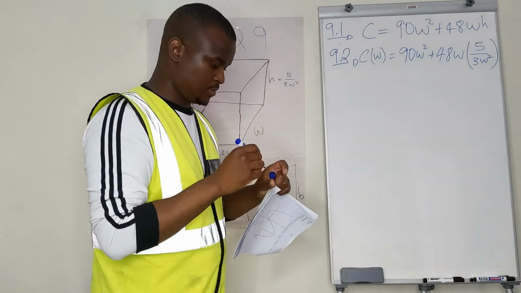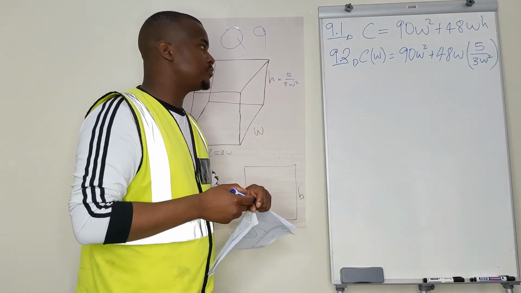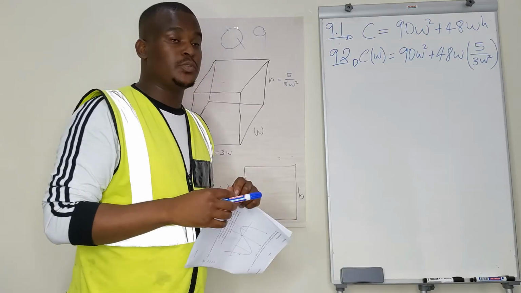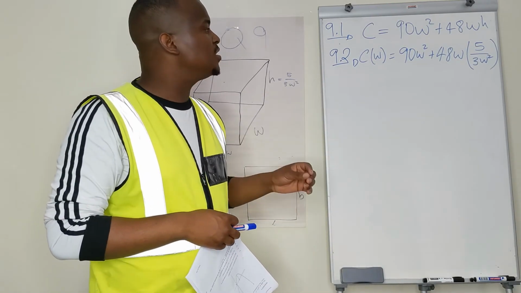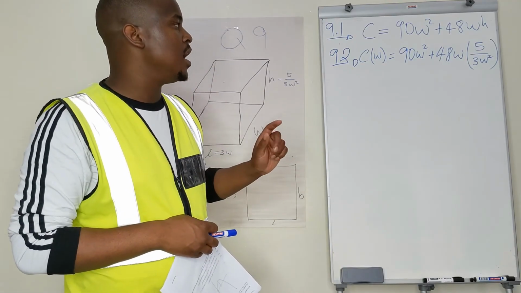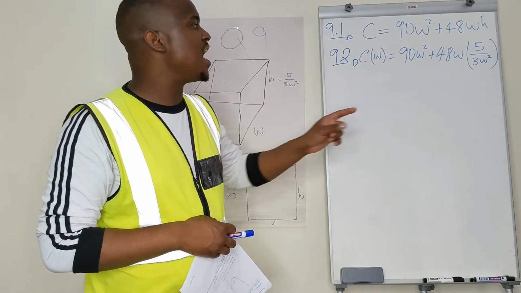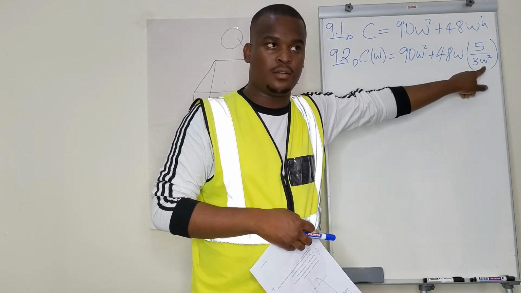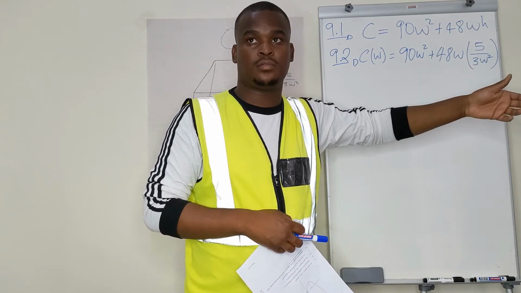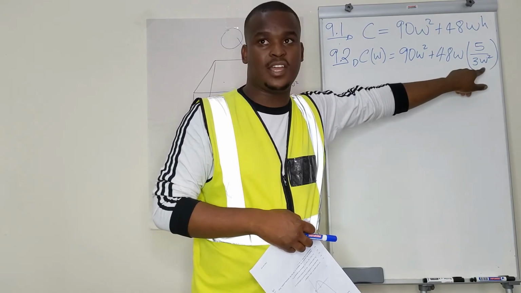That is our height. The next step is that we derive from here. But our rules of differentiation don't allow us to derive if we have our variable as the denominator. So we must take that w up. It's not going to be there.